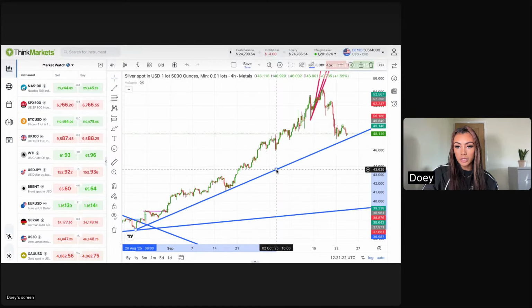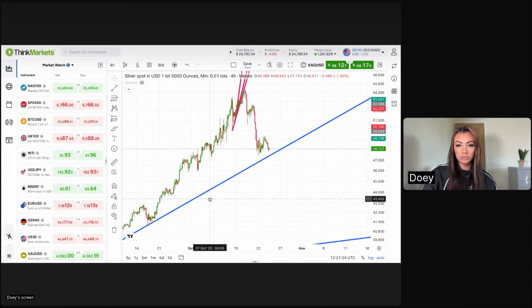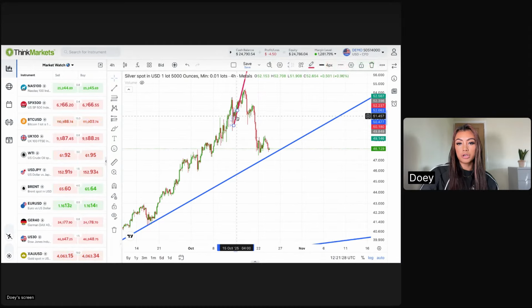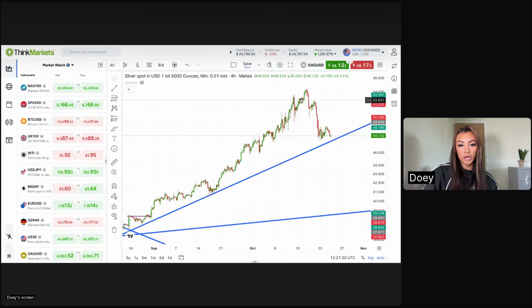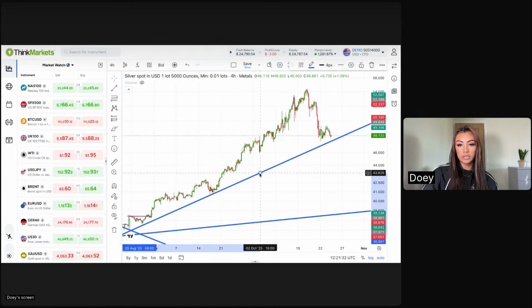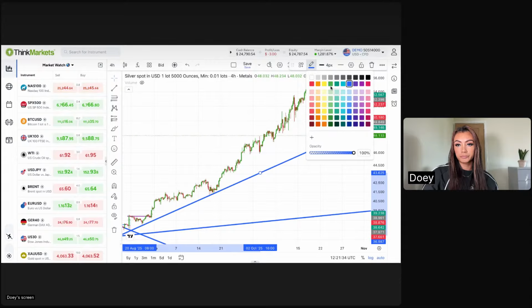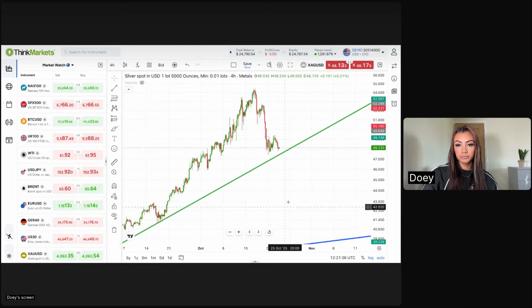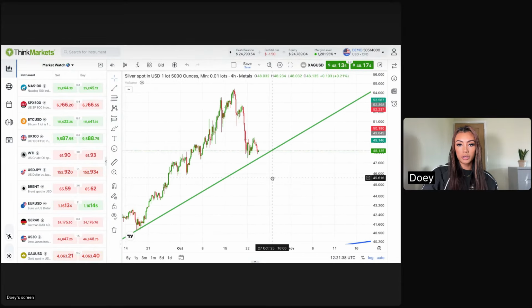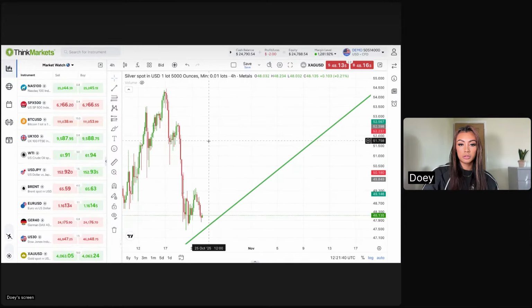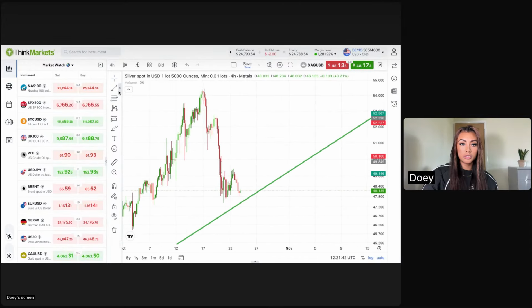Don't know why it was like that anyway. That was already wrong. So this is the thing with trend lines. You've got to make sure you've got them on right. Otherwise, you're just going to get the wrong thing. And then it's on the other side.